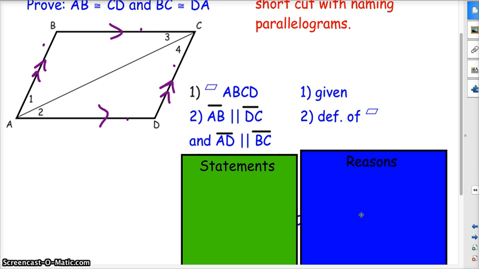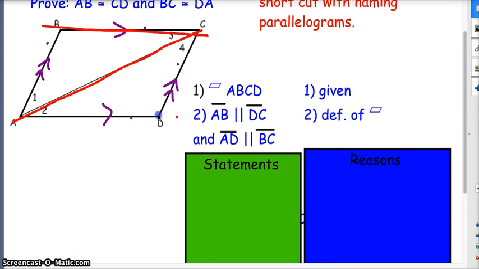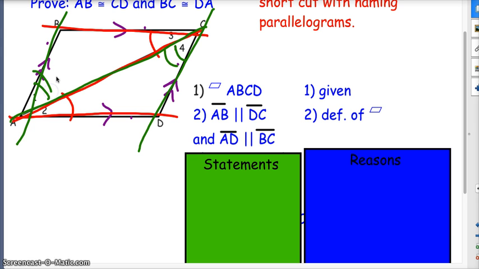The idea of parallel lines, you've got to think back to alternate interior, corresponding, all of those things. So if you look here for a second, because we know that we have parallel lines, think about AC as being that transversal. What you're going to have then is alternate interior angles here, congruent, and if you use these lines and that transversal, you have those pairs of angles congruent.